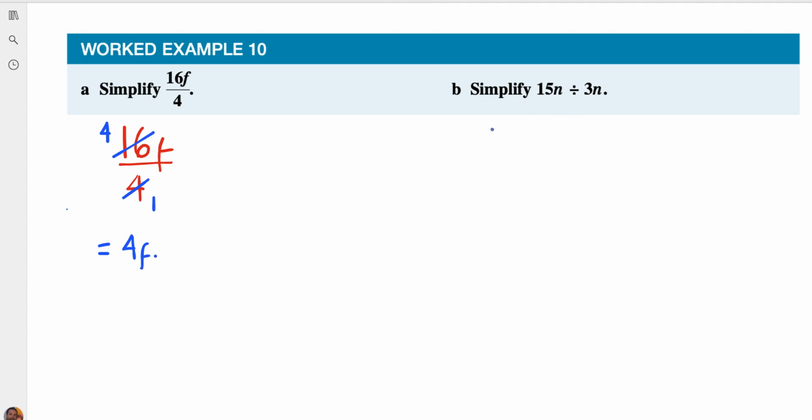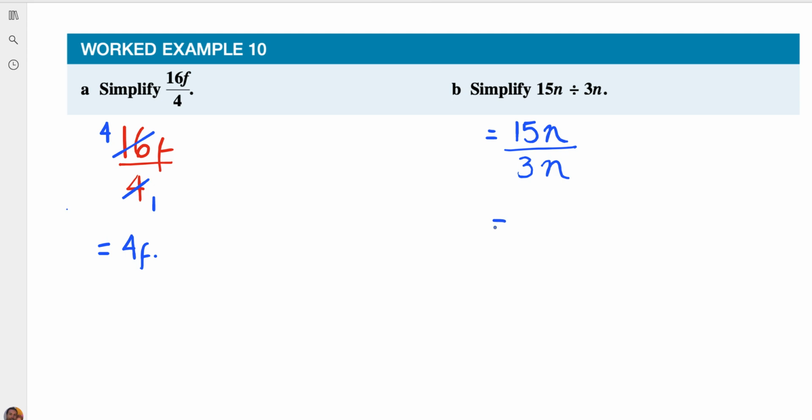So in this case, I have to do 15n divided over 3n. Really the way to look at this, again, you don't have to write what I'm going to do here, but what I want to show you is that 15n is like if I had factors: 5 times n, that means I have 2 factors being multiplied, and here 3 times n.